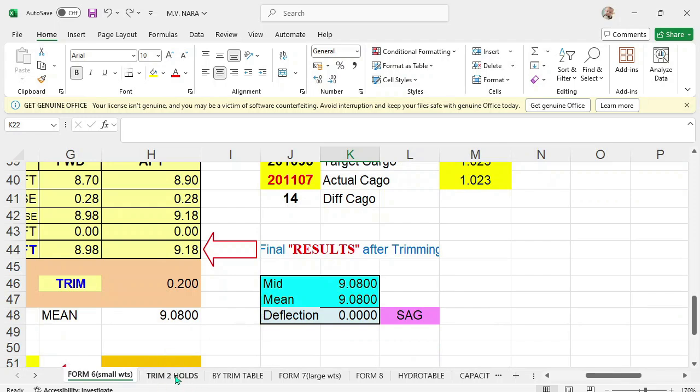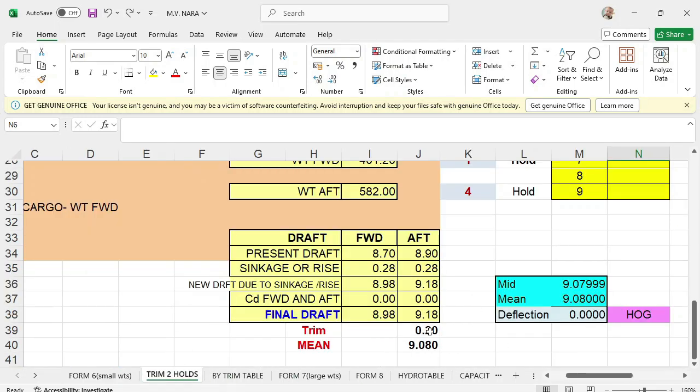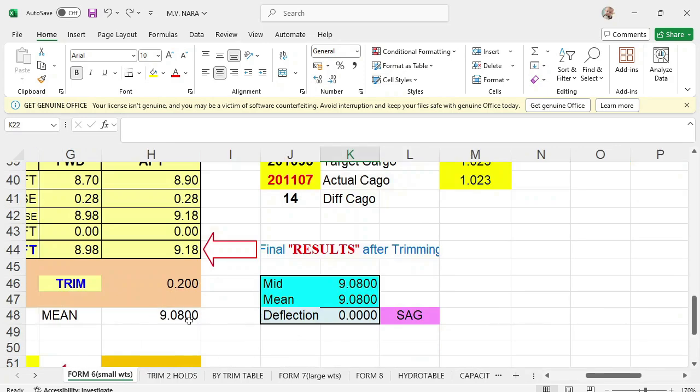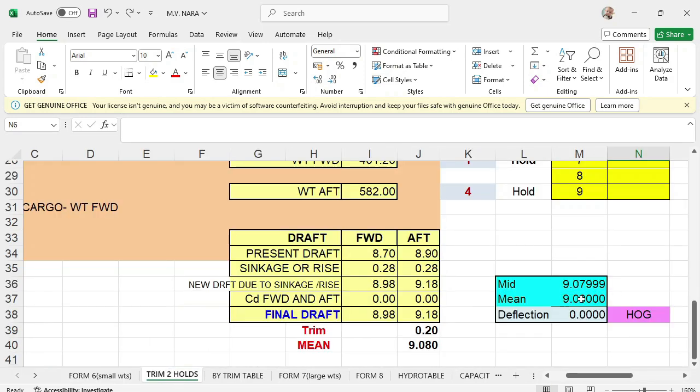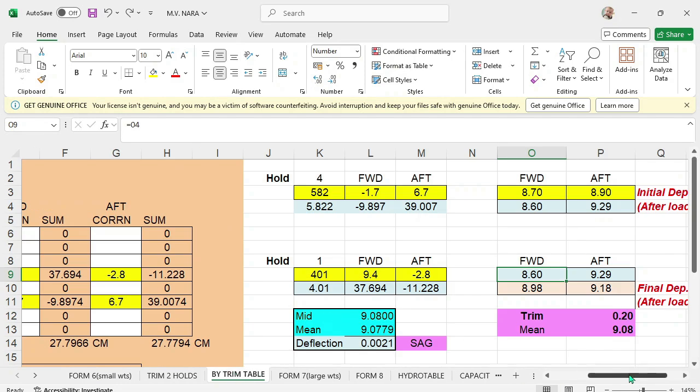You have 20 centimeters trim, and your mean is 9.08. Mean is 9.08, deflection is 0. Then you go to the trim table.